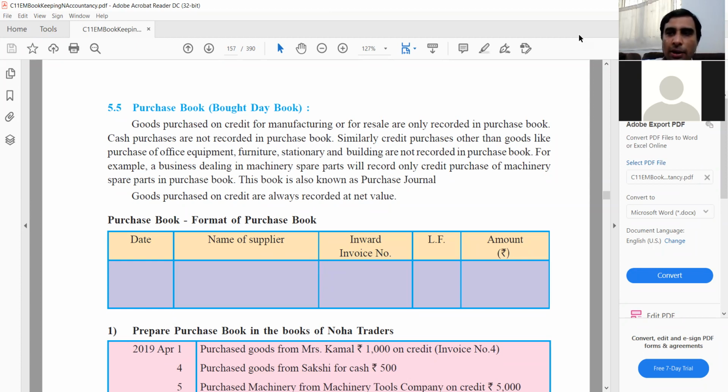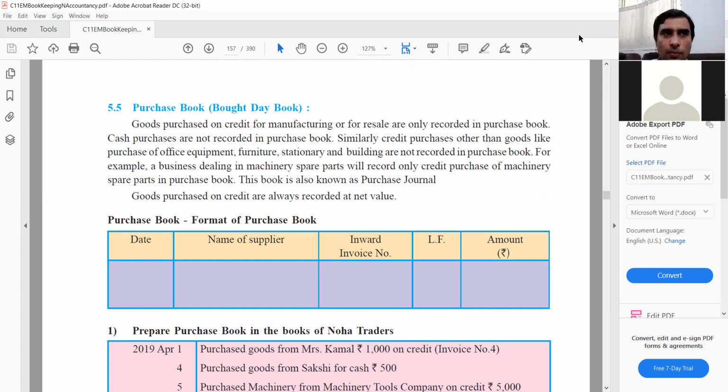Purchase book, by and large, and sales book, they deal only with credit transactions. Credit transactions means when goods have been purchased or sold and money has not been received or paid immediately. It is going to be paid in the near future.